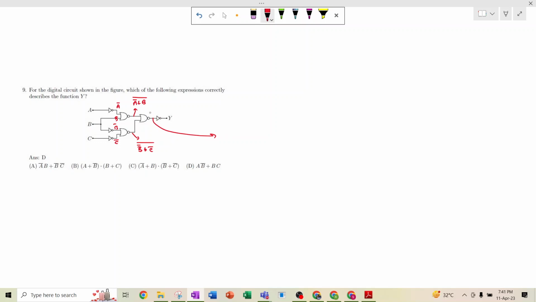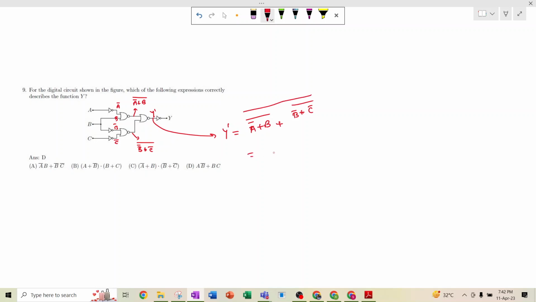Okay, if we call it y dash, so y dash will be A bar plus B total bar, plus B bar plus C bar total bar, this bar.